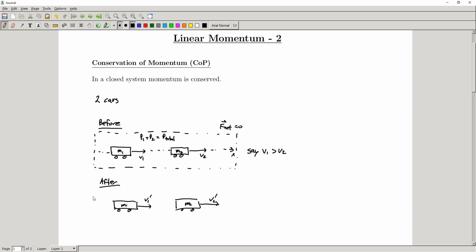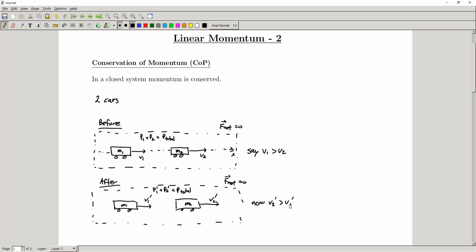Again, closed system, so again we have no net force acting on our system here. As we had above, we're now going to have P1 prime after the collision plus P2 prime, and this is going to be equal to our P total. After the collision, we can say that V2 prime is going to be greater than V1 prime.